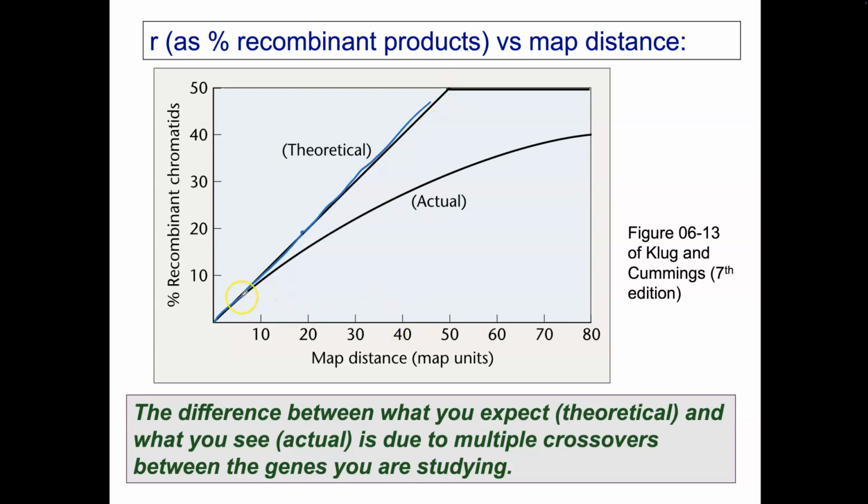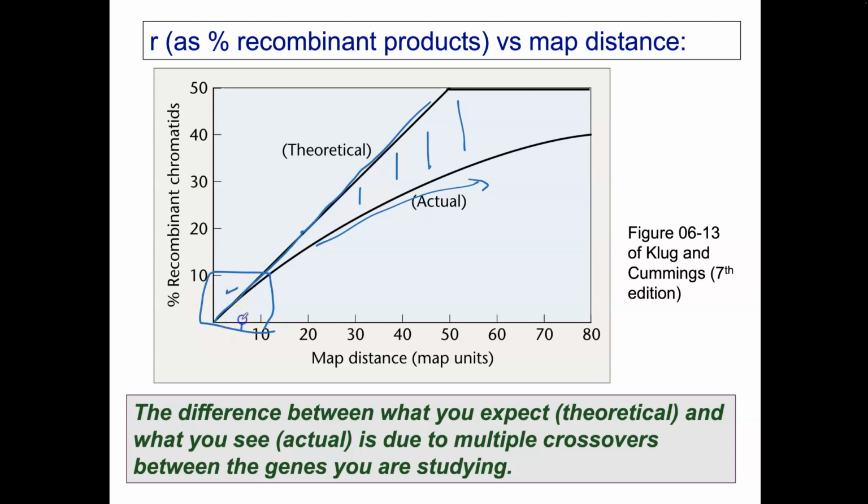But what we actually see is a more curved graph, because the larger the map distances are, the more double crossovers occur, and that means we're just not able to detect those crossovers. And so we'd like to keep the map distances that we're working with down in this range, because we know this is the most accurate and the most reliable.